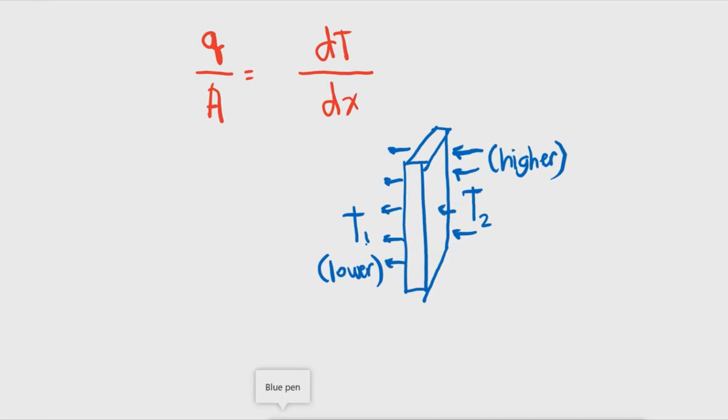It will pass through this slab. And of course, this slab has what we call resistance. And that resistance is somehow given by the thermal conductivity of the material. So in this case, what completes our equation, the Fourier equation, is what we call the thermal conductivity, which is usually represented by k.